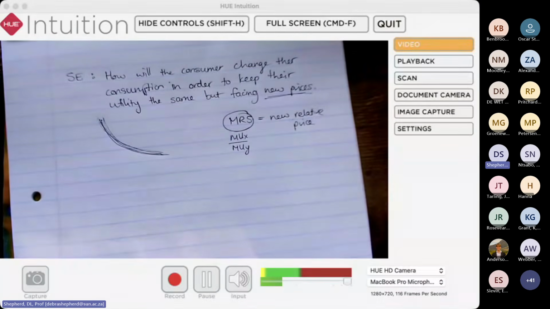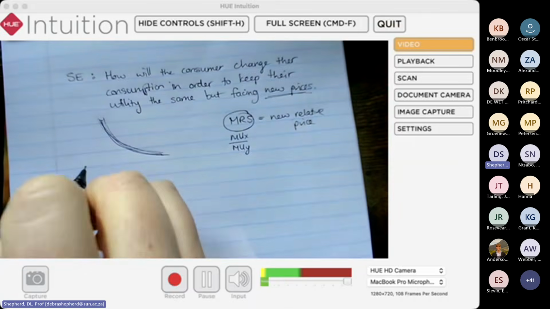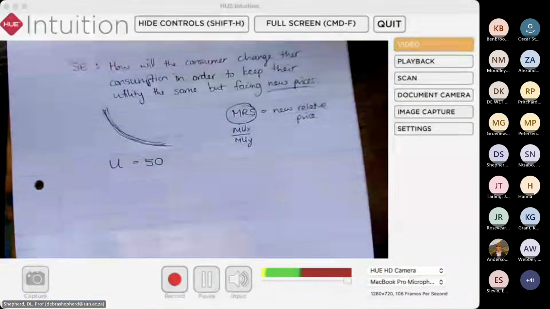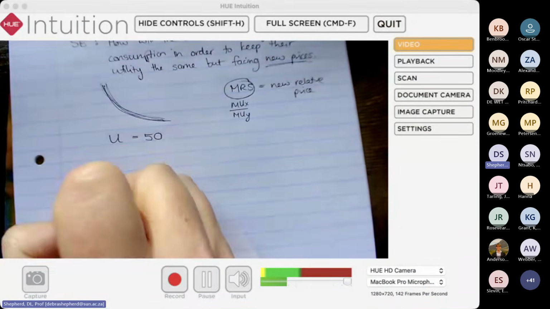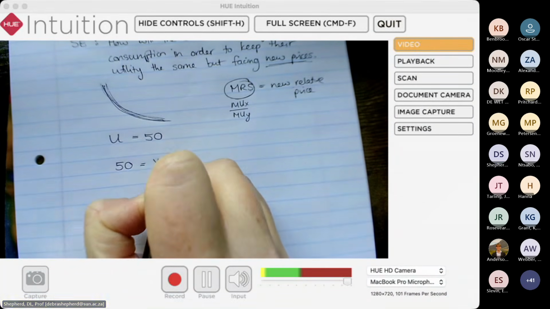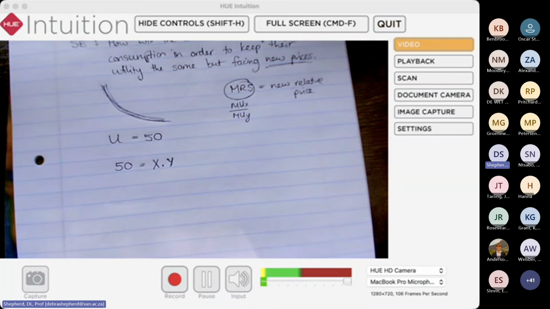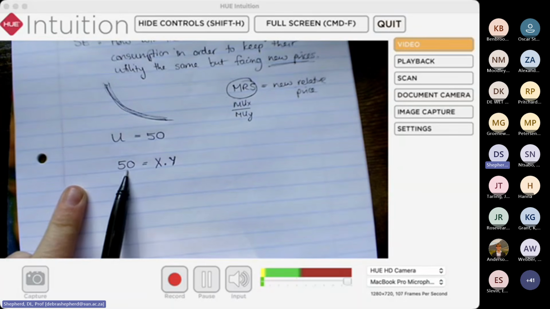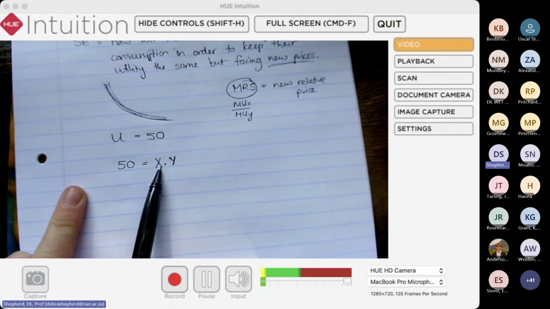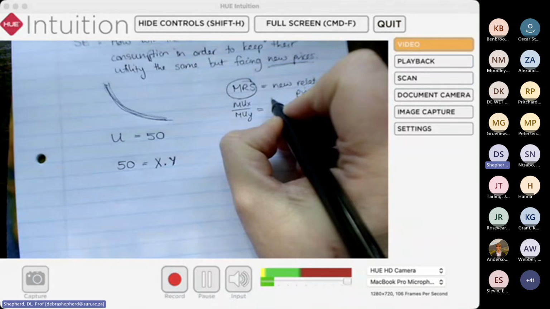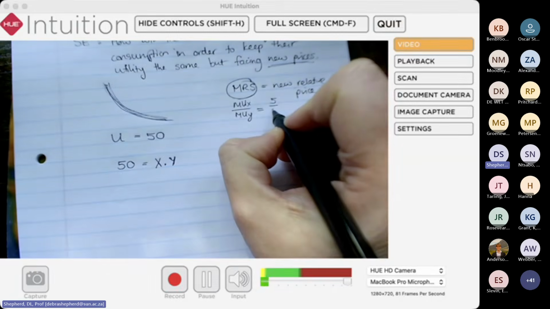Okay, so what that implies is that we want her utility to remain at 50. That is what we want to achieve. So 50 must be equal to x times y. She must consume some combination of x and y that gives a total utility of 50, and that x and y must be such that the MUX over MUY is equal to the new price of x, which is 5, divided by the price of y.